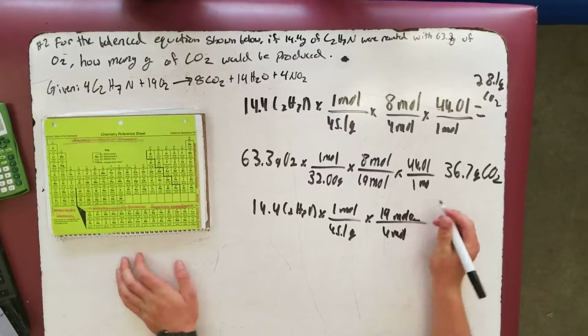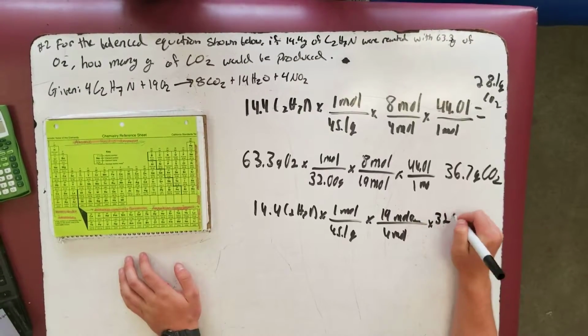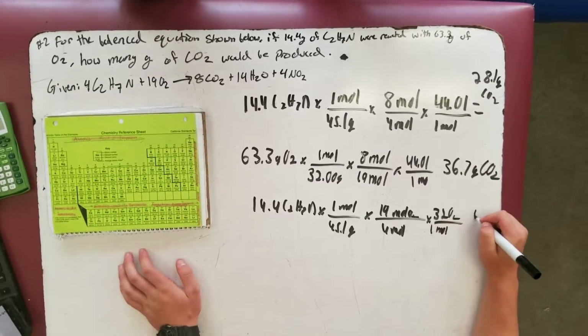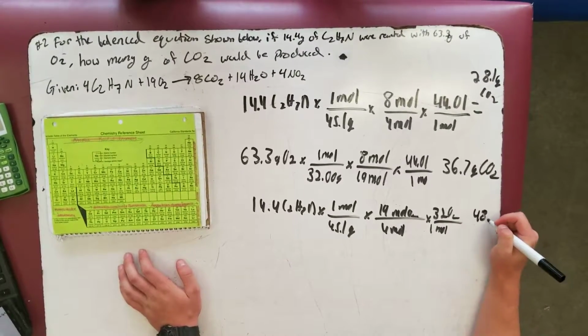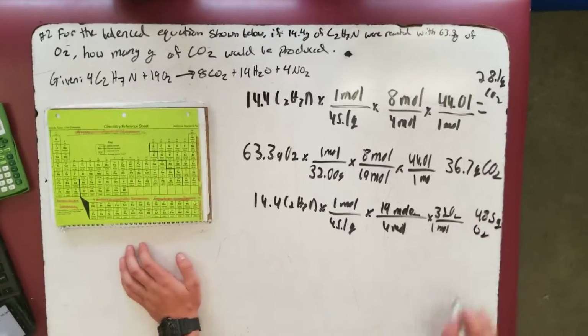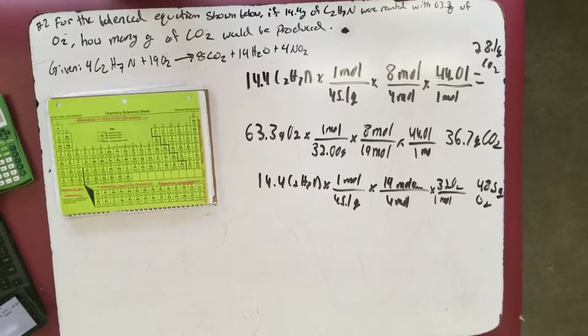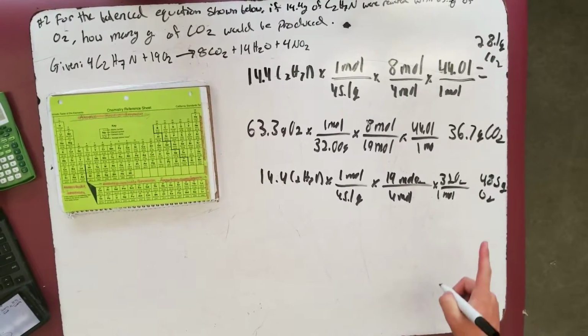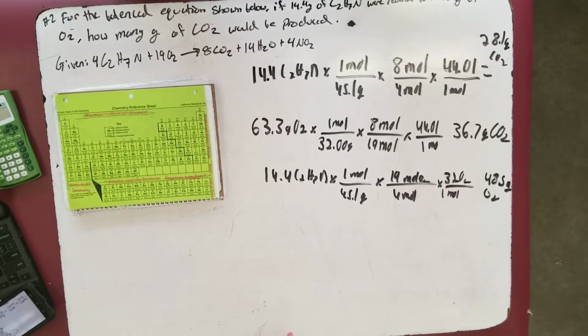Then we're going to multiply that by the 32 grams of O2 divided by 1 mole. You're going to come out with a final answer after all said and done in the calculator of 48.5 grams of O2.